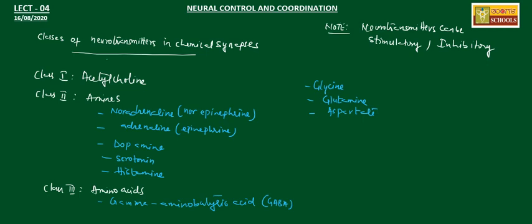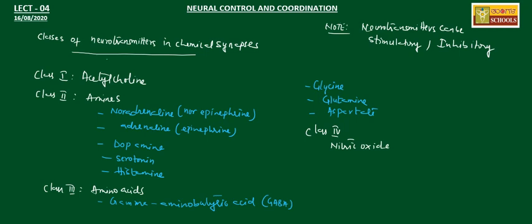And lastly, class 4, so that includes nitric oxide. So these are some examples of neurotransmitters.